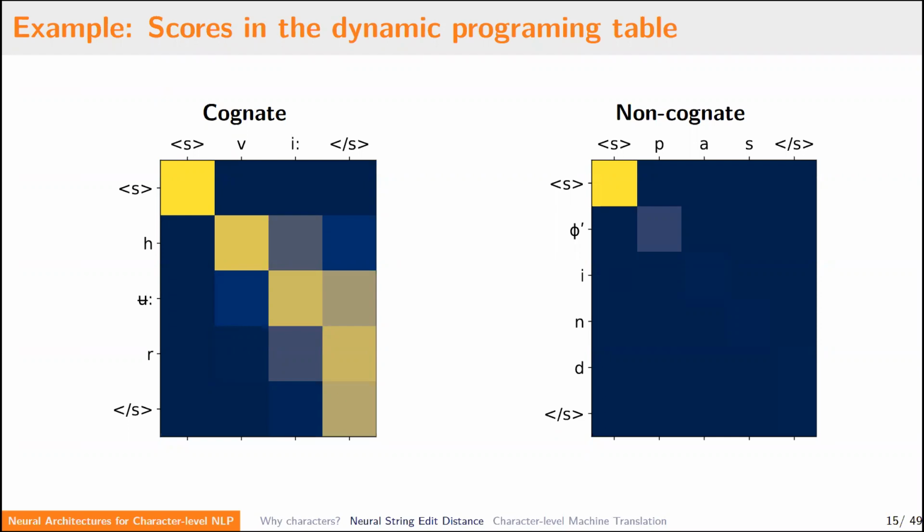For a non-cognate pair, we can see that the only thing that is probable is transcribing the empty string to an empty string, and something like fur might be similar to this p, but as it goes on, it actually ends up with almost zero probability.